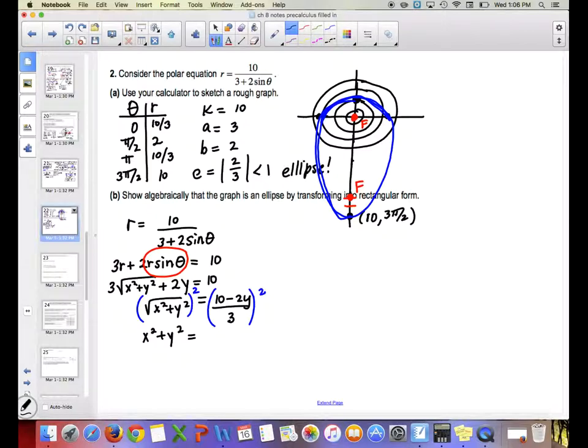And we FOIL, so if you need to go off to the side and write 10 minus 2y times 10 minus 2y, you can. When I was in high school, I had to do that. I couldn't do it in my head. So I'm going to have 100 minus 40y plus 4y squared, all over 9.